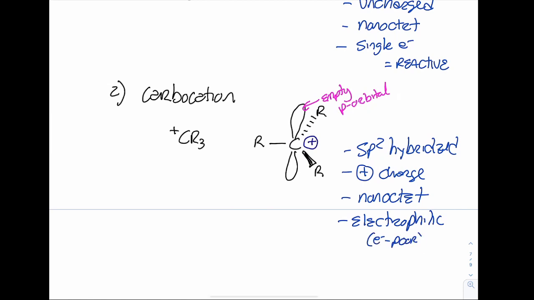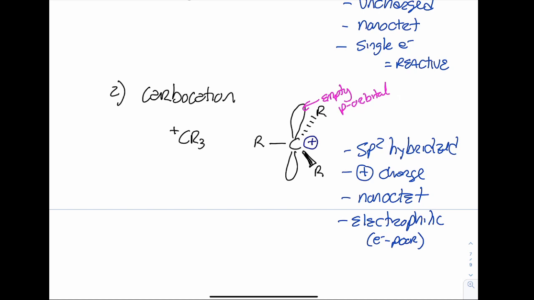We don't think of radicals as being electrophiles or nucleophiles because when they react, as I'm going to show us ways, we form bonds, and we're going to have a similar version to our homolytic bond breaking where each of the two atoms is contributing an electron. So you don't have source and receptor, they're both sources, and then they kind of meet out in the middle.